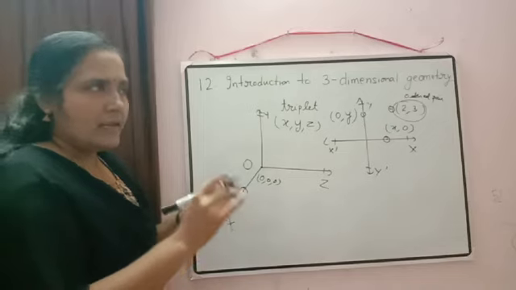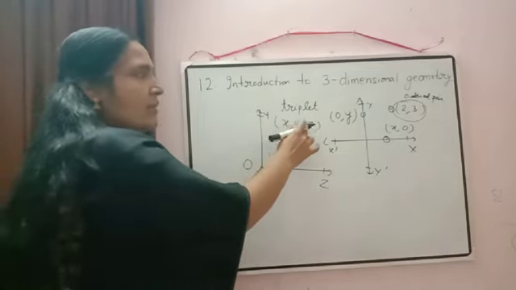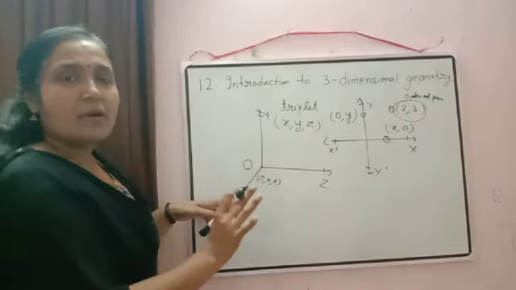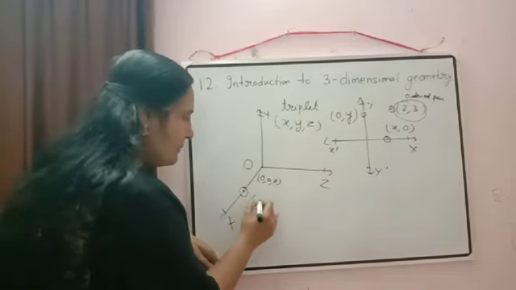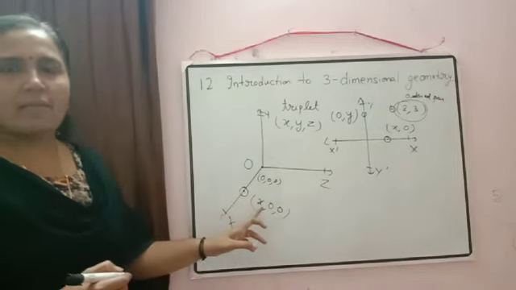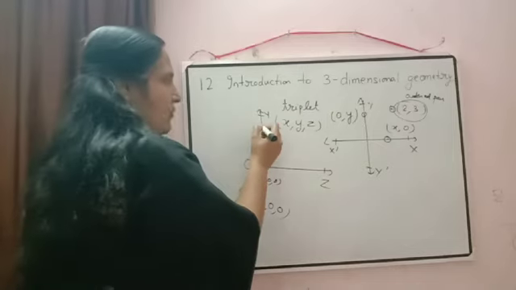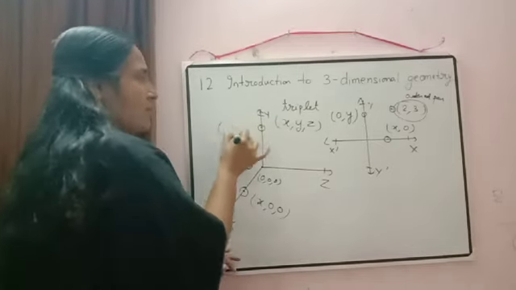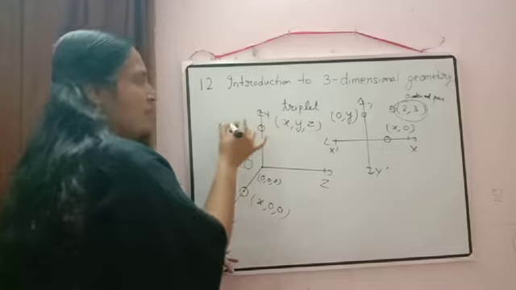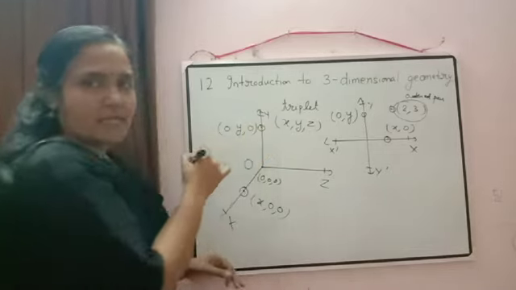If a point is on the x-axis, then obviously its y-coordinate and z-coordinate will be equal to 0. So any point on the x-axis will be of the form x comma 0 comma 0. In the same way, any point on the y-axis will be such that only the y-coordinate will change, and the rest two will be 0, 0.